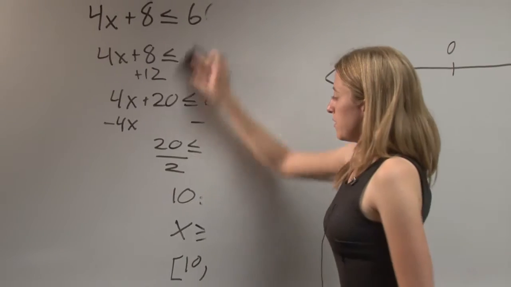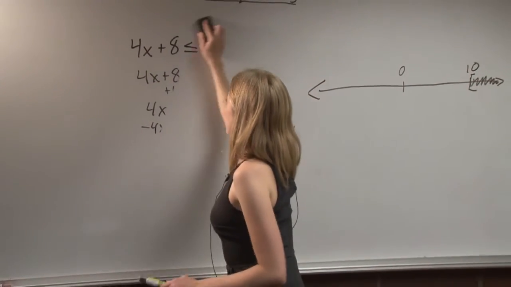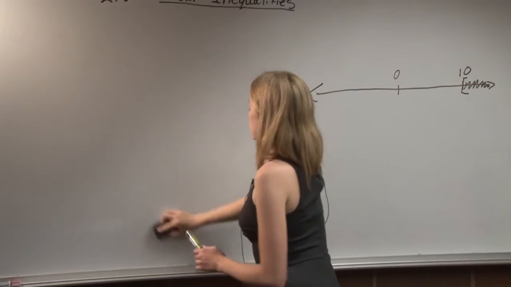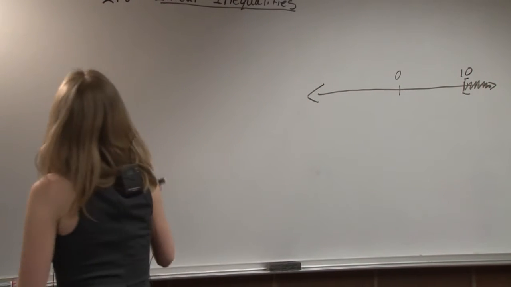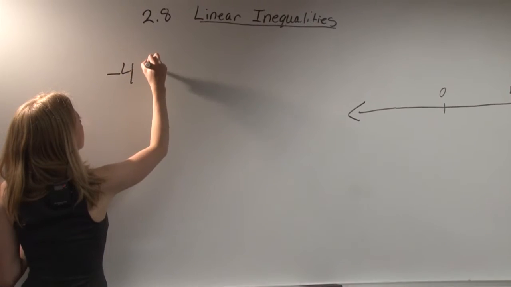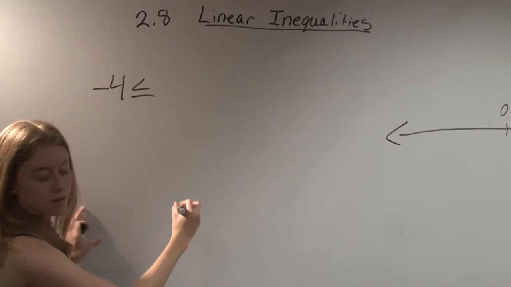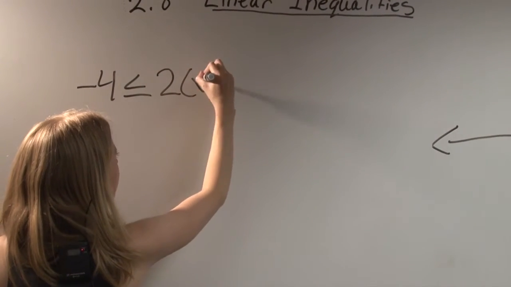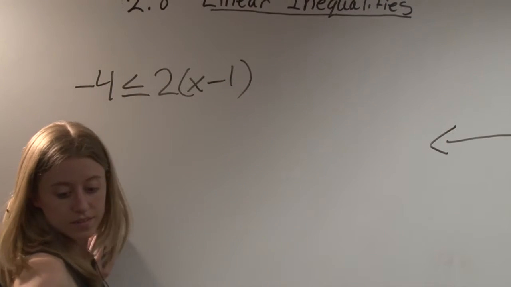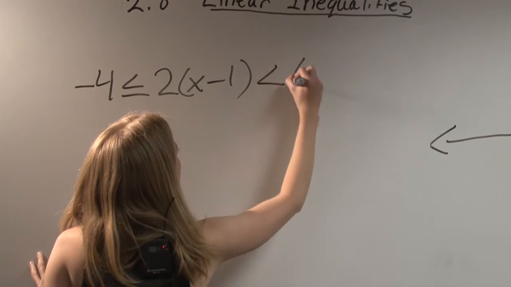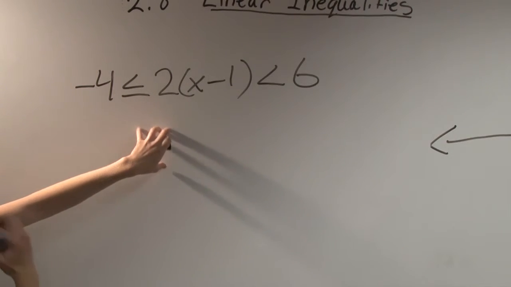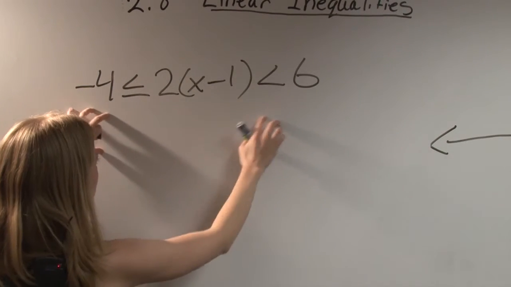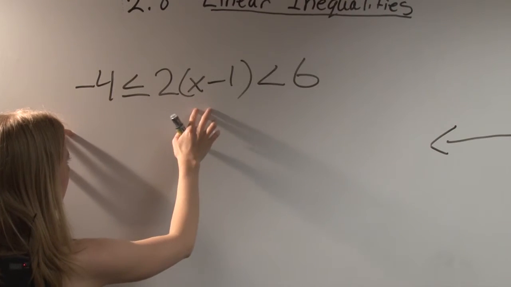Now we're going to go through an example where we will solve an inequality that has 3 sides, basically. In this case, I am not going to worry too much about these numbers. I'm just going to focus on isolating x.